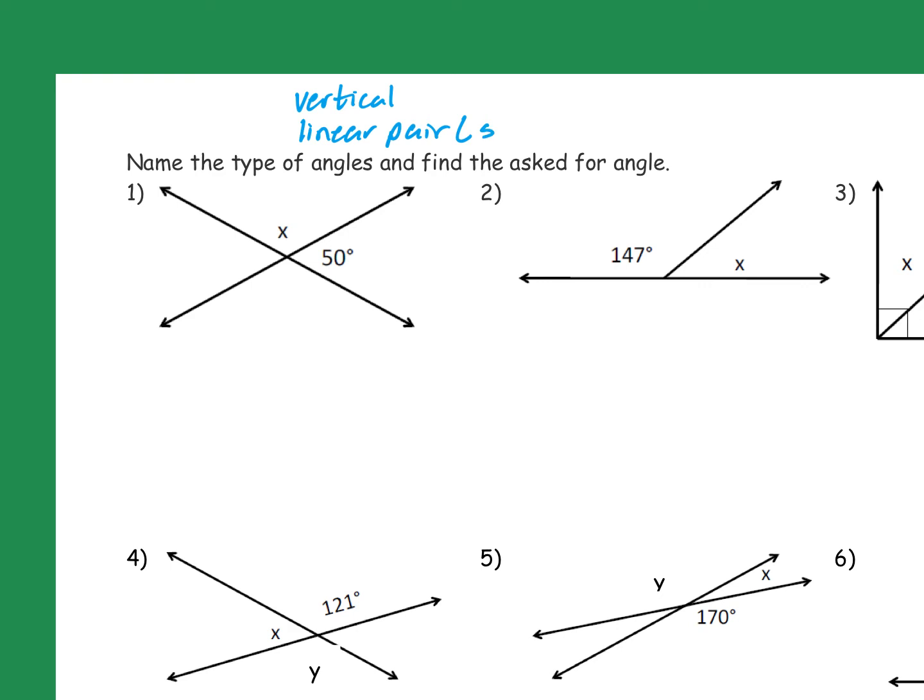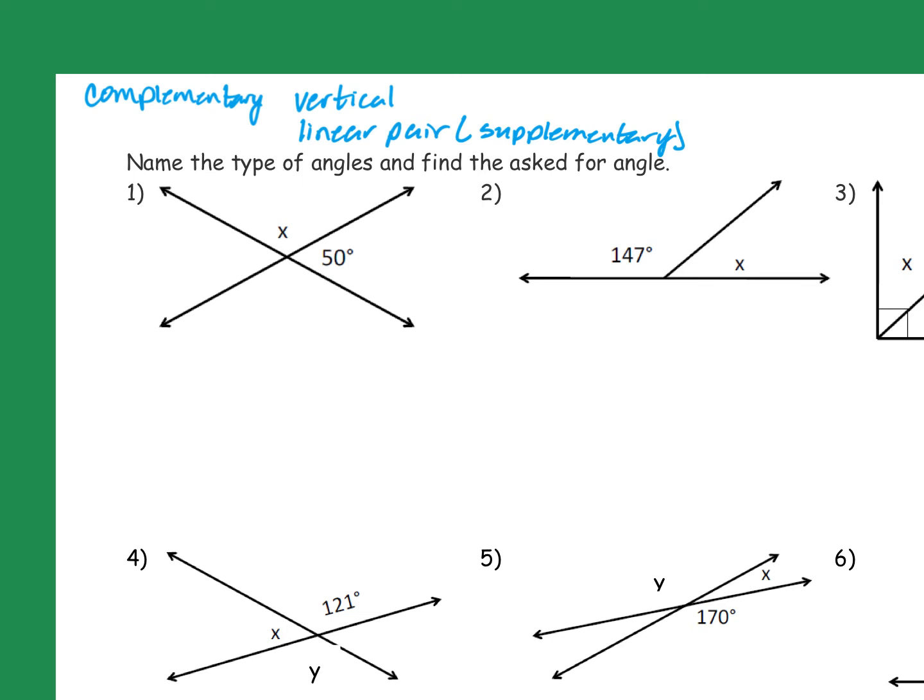Linear pair is supplementary. And then the last one would be complementary. So basically for a linear pair, we're just going to call supplementary angles, in this case, linear pairs.